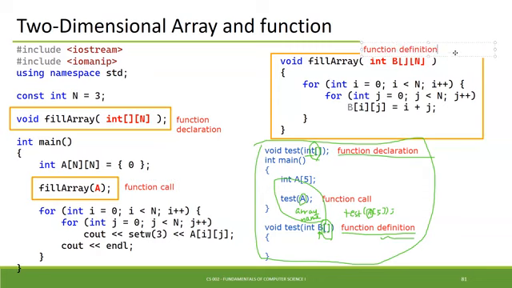So we have three parts. When you call the function with a two-dimensional array, in the function call it's the same: just put the array name.